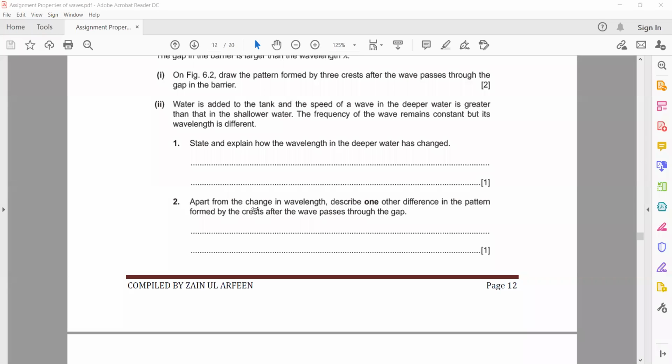In deeper water it will have a greater wavelength than in shallow. That's right. Because in deep water it's traveling faster, so the wavelength is also greater. But in shallow water it's traveling slower, so the wavelength also decreases, but the frequency remains unchanged.